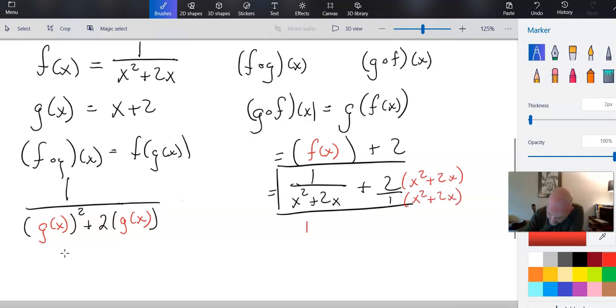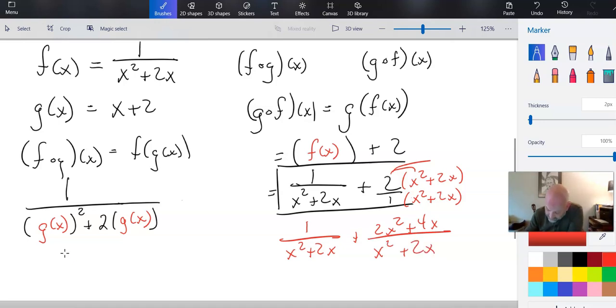That gives me this first fraction, plus, I can just distribute this now, 2x squared plus 4x over x squared plus 2x.